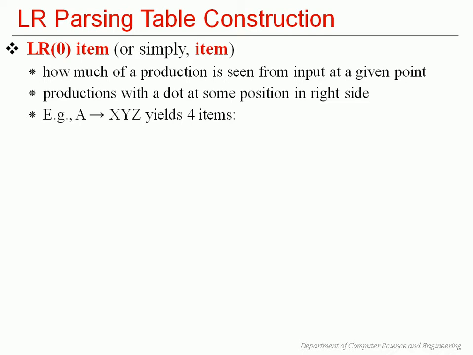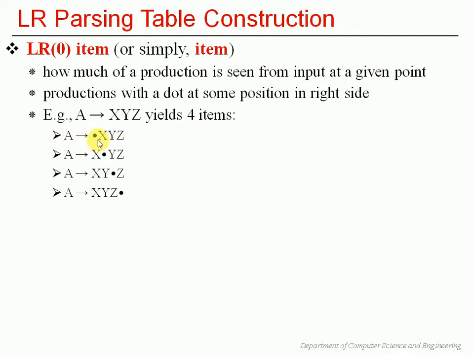So there will be 4 items associated with this particular production: A gives dot XYZ, A gives X dot YZ, A gives XY dot Z, and finally A gives XYZ dot. Let us check the meaning of A gives dot XYZ.